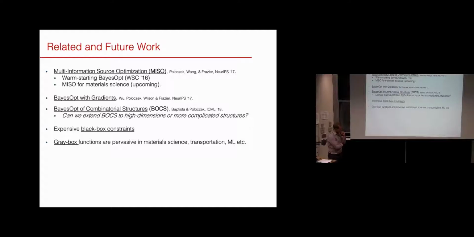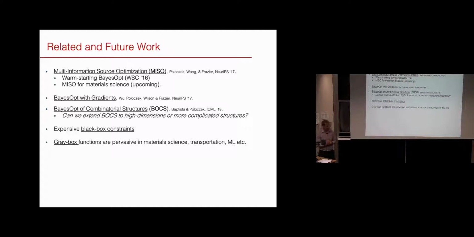In this context, also based on the conversation I had earlier, I would like to point out some other work I've done in the area. The first one, multiple information sources, is some kind of multi-fidelity Bayesian optimization, particularly for information sources which are not hierarchical. It's not clear how these relate to each other, which happens sometimes in materials science, for example. Then the MISO algorithm might be of interest for you.